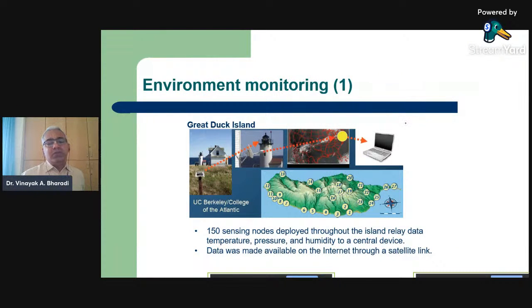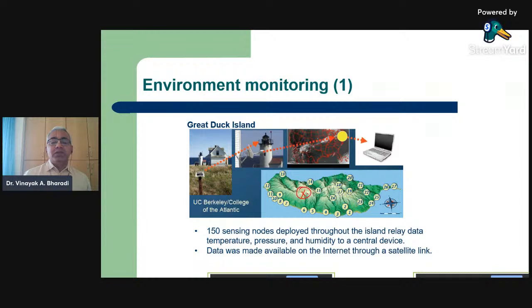This is one of the case studies, Great Duck Island, where 150 sensors were deployed to relay data of temperature, pressure, and humidity to a central device. So we are monitoring this full island, and this data was uploaded.